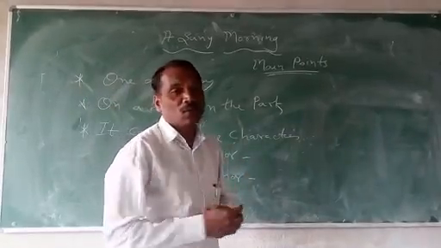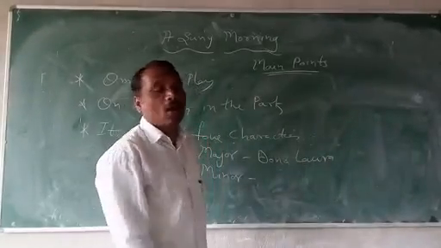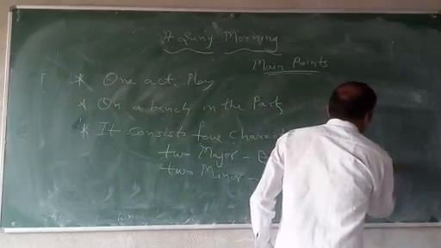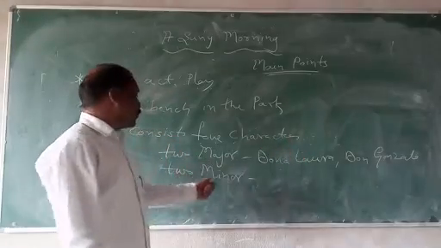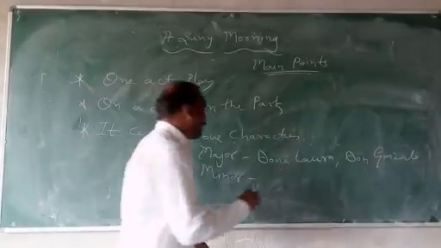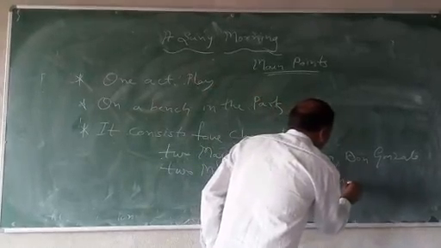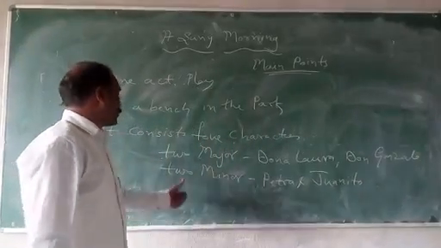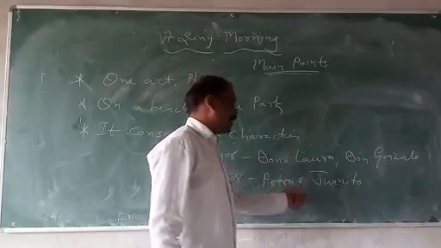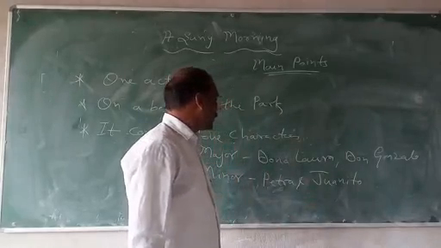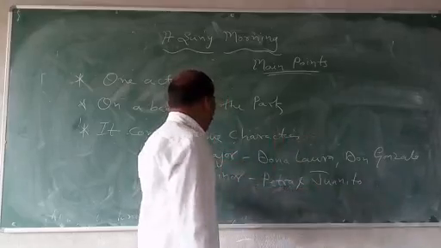The two major characters are Donna Lara and Don Gonzalo. The two minor characters are Petra and Juanito.